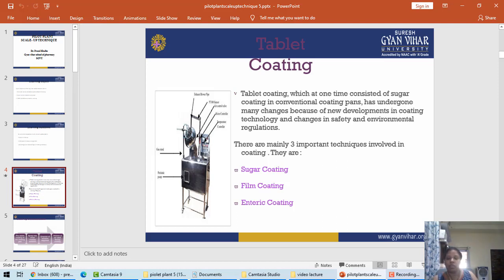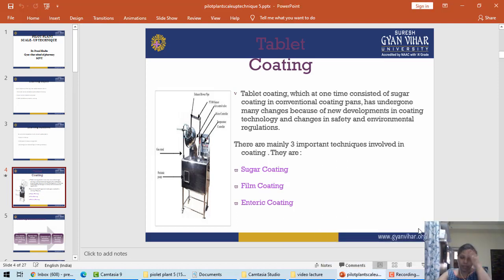So if we want a certain drug to dissolve in the intestine only, to work on the intestine only, we coat the tablet with such type of material so that this material can only degrade in the basic pH, and it has no effect in the acidic pH. So this type of coating is known as enteric coating.